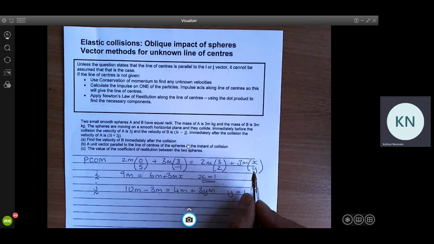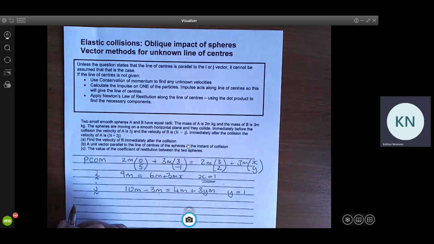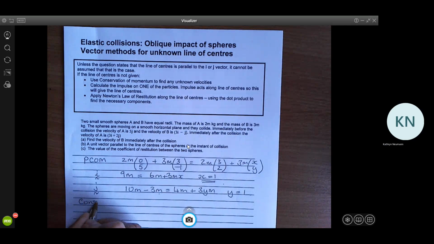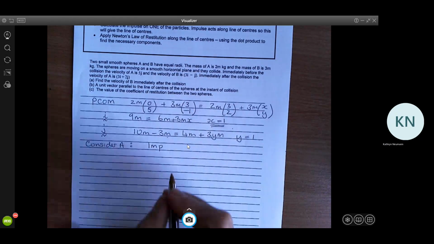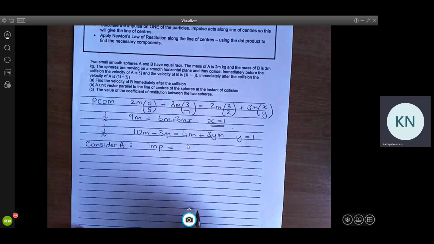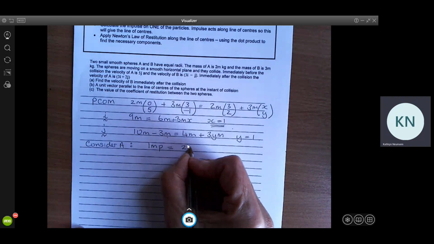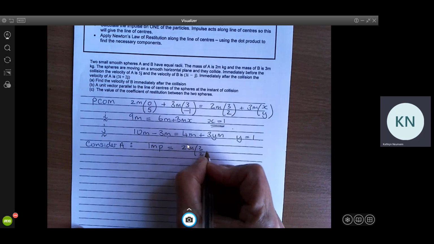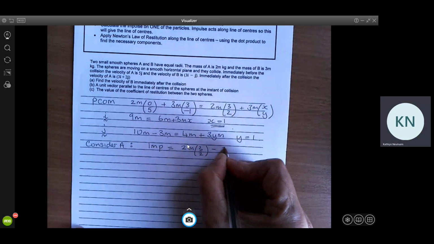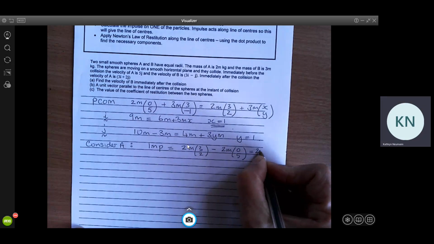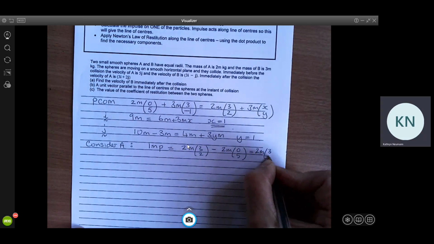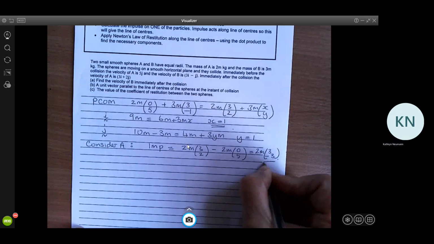I want to find the direction of the impulse. So I'm going to consider A, and I'm going to use impulse equals change in momentum. So impulse is equal to the momentum at the end, which is 2m(3, 2), take away 2m times (0.5, 3), which is 2m times (3, -3).